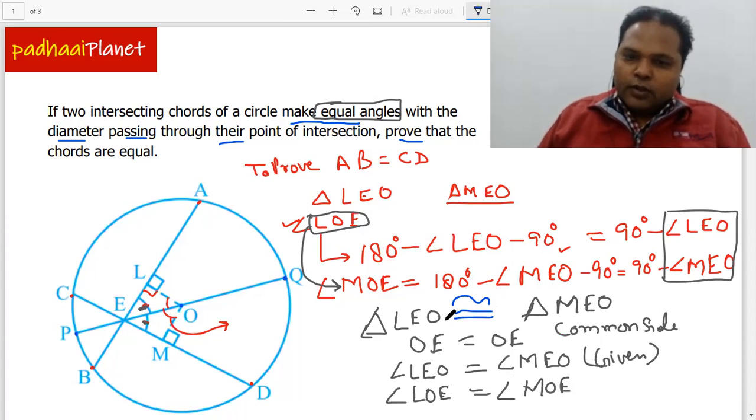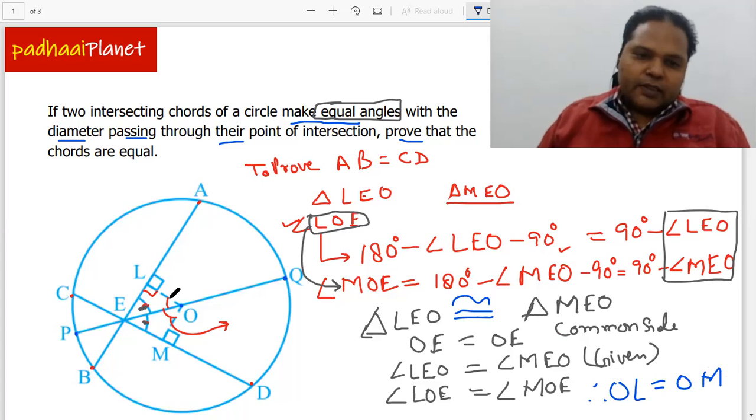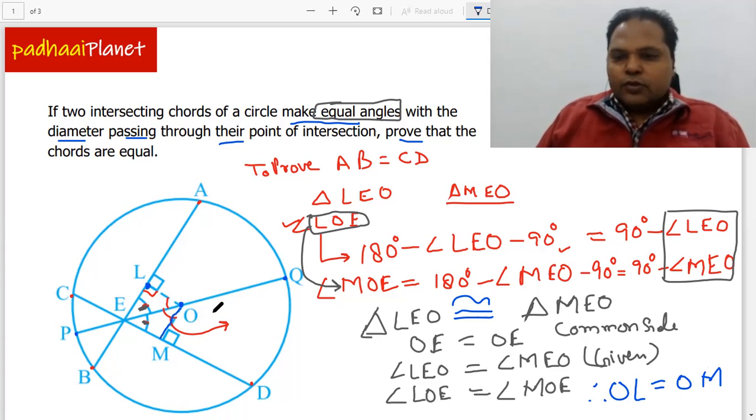And if they are congruent, then OL is equal to OM. Here is the O and this is L. This OL is equal to this OM because these two triangles are congruent to each other.